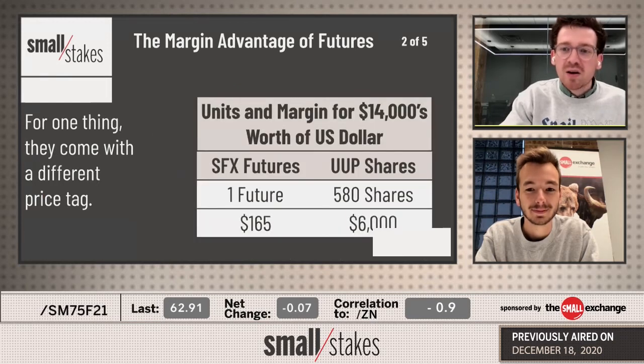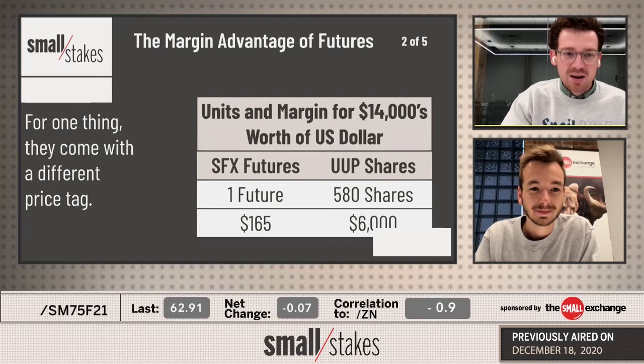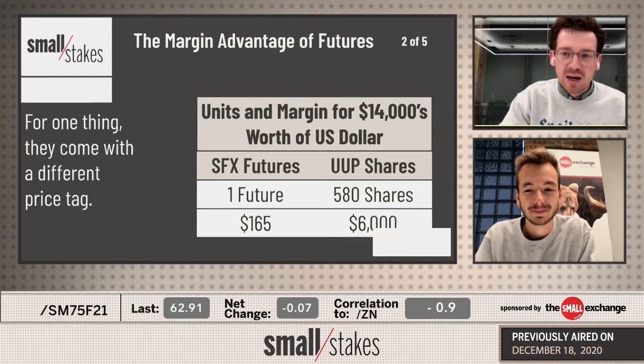Where it looks very different and you start to get into that speed and that weightiness of the product is when you look at this, the margin for, in today's example, $14,000 worth of US dollar exposure. In SFX, that's the equivalent of one futures contract. In UUP, that's the equivalent of 580 shares.